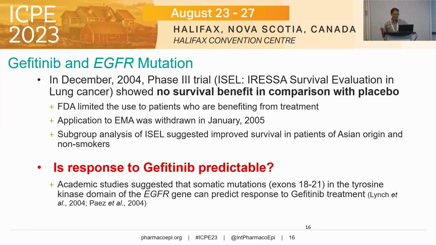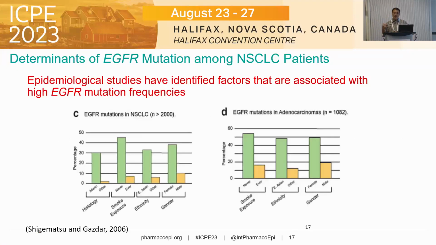Both studies showed that if patients have somatic mutations in EGFR alpha exons 18 to 21, the mutations can predict the response to gefitinib treatment. So the next step, the company, but also academia, did some additional epidemiology work to show how you can enrich the patient populations who may have much higher EGFR alpha mutation frequencies.